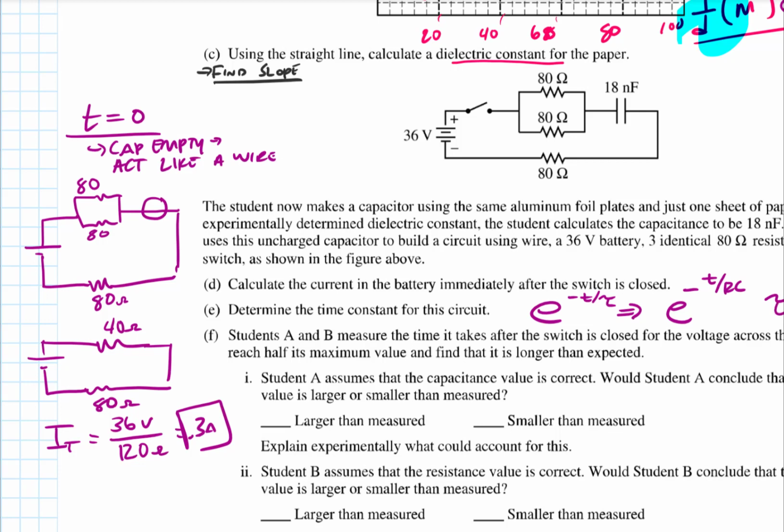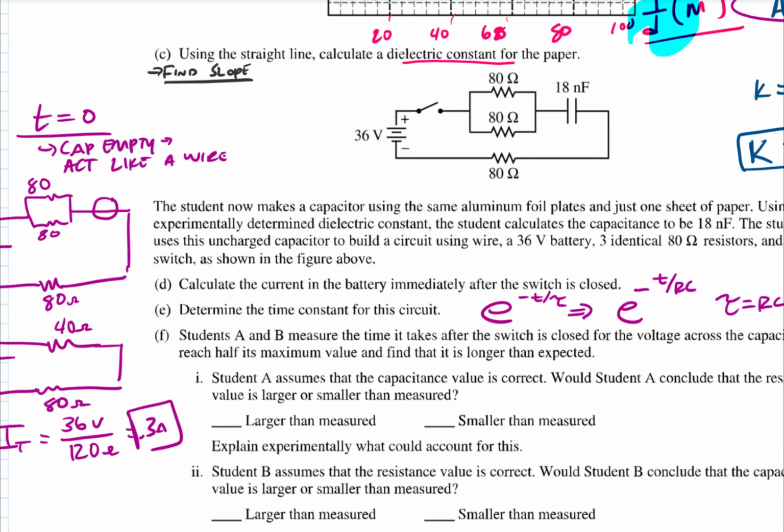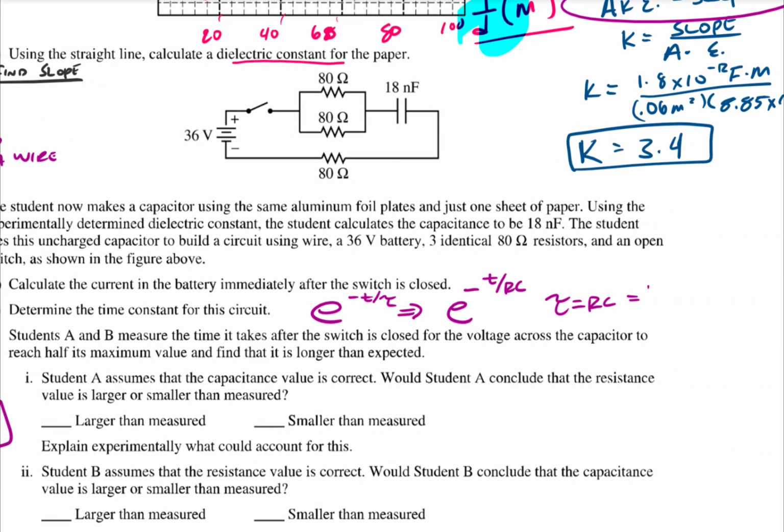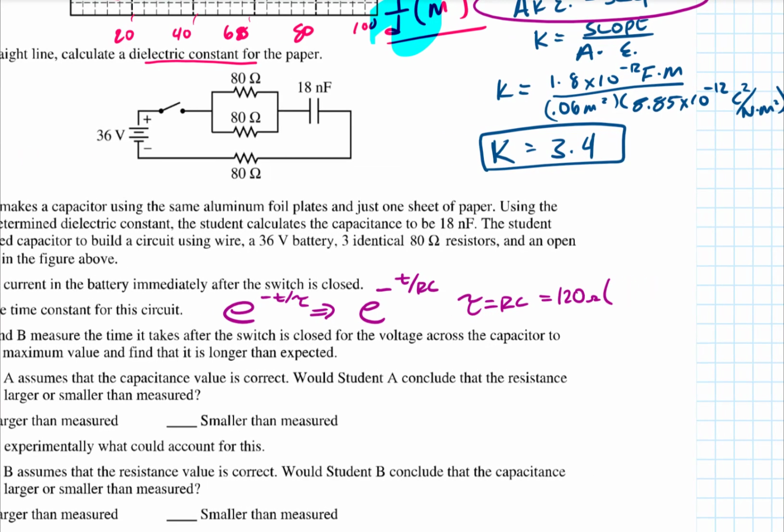Now that's the total resistance times the capacitance. So my total resistance here is 120 ohms times the capacitance of 18 times 10 to the negative 9th farads. So my time constant is going to be 120 times 18 times 10 to the negative 9th.